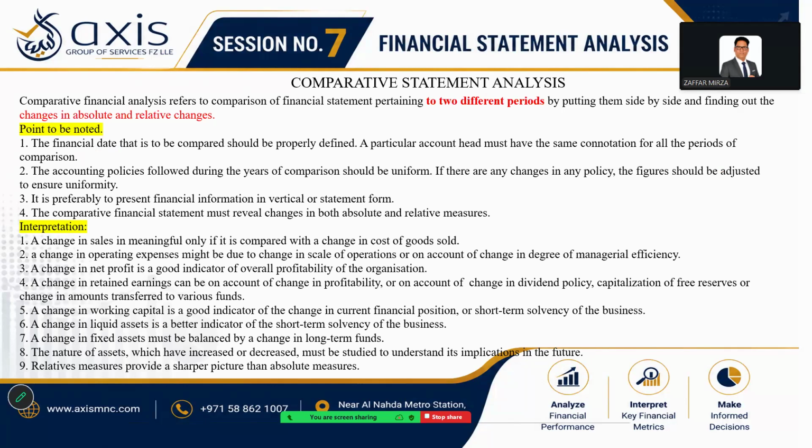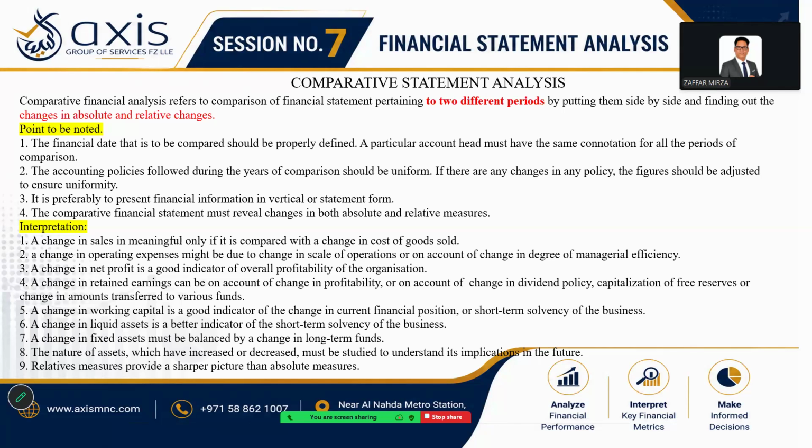But CMMA, unfortunately, will not ask you to prepare the comparative income statement or comparative balance sheet. It will ask you by taking one component of your income statement and comparing that one component only. One component means gross profit ratio, net profit ratio, one component.